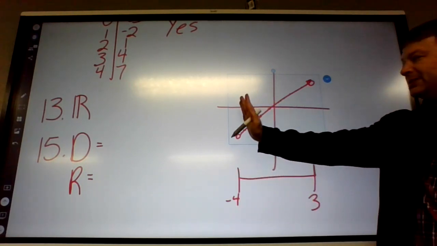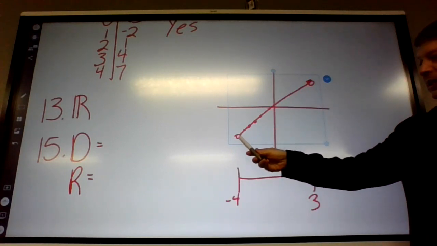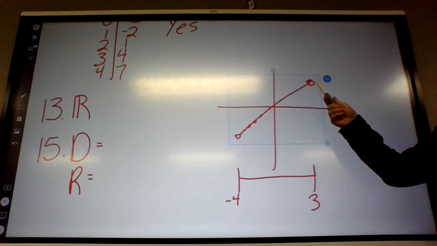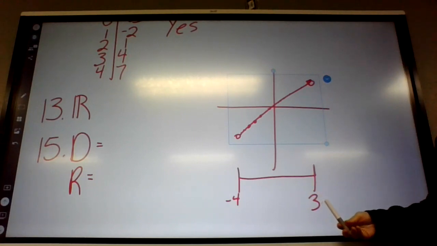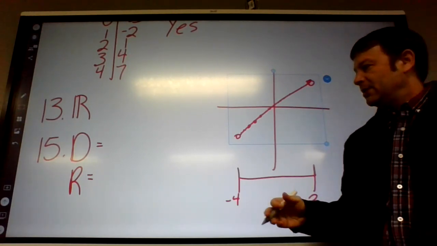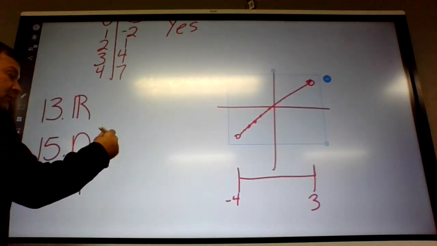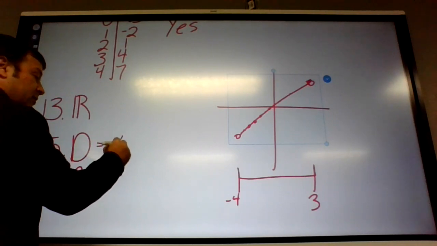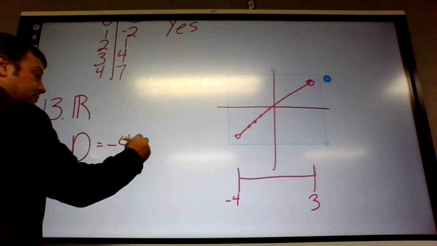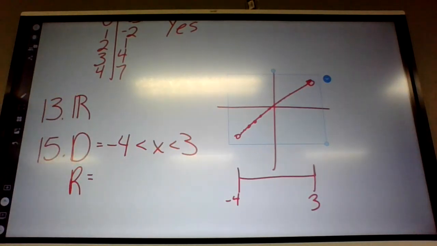Yes. Okay, now are -4 and 3 filled in? No. So -4 and 3 are not part of the solution, but they're like the boundaries. So all the x values from -4 to 3 are used, not including -4 and 3. How did we write that? -4 is less than x, which is less than 3.